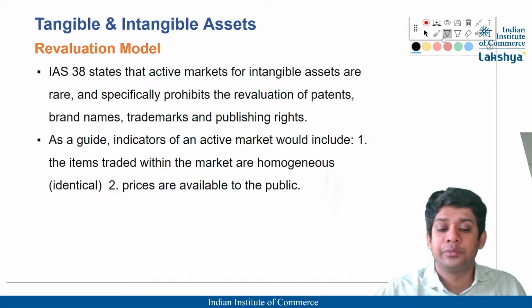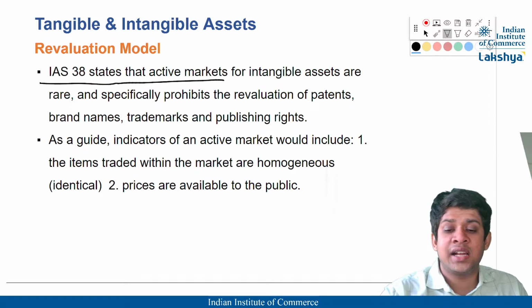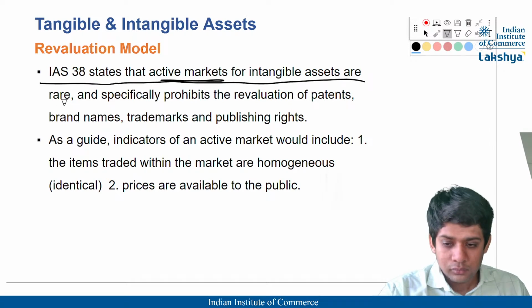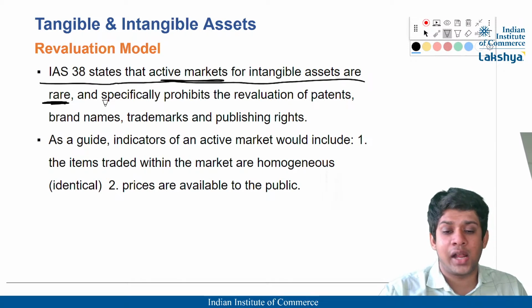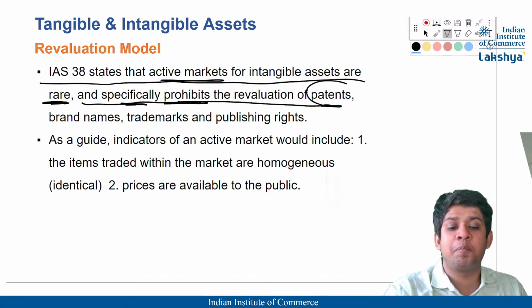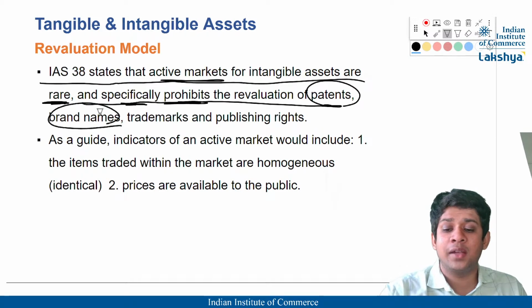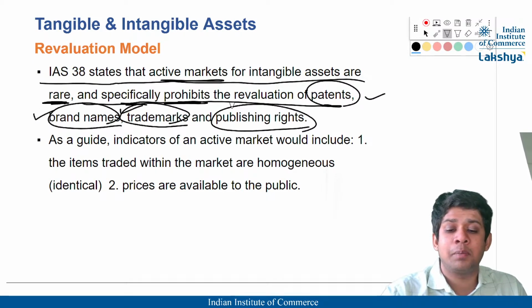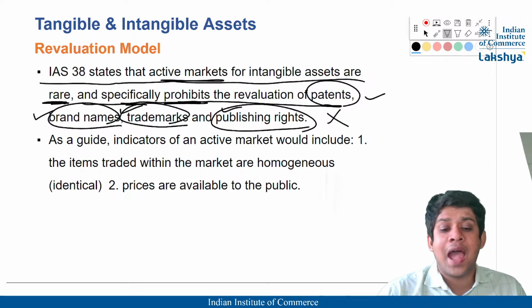Now, IAS 38 states that active markets for intangible assets are rare, as I told you, and specifically prohibits the revaluation of patents, brand names, trademarks, and publishing rights. So your patents, brand names, trademarks, and publishing rights are never going to be carried at the revaluation model, and they are never going to be revalued to any amount.